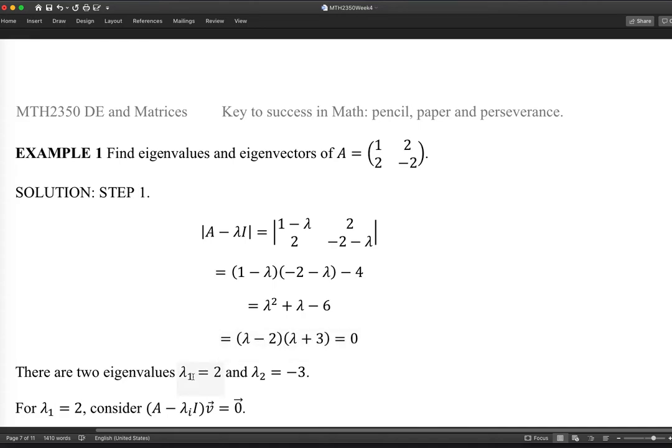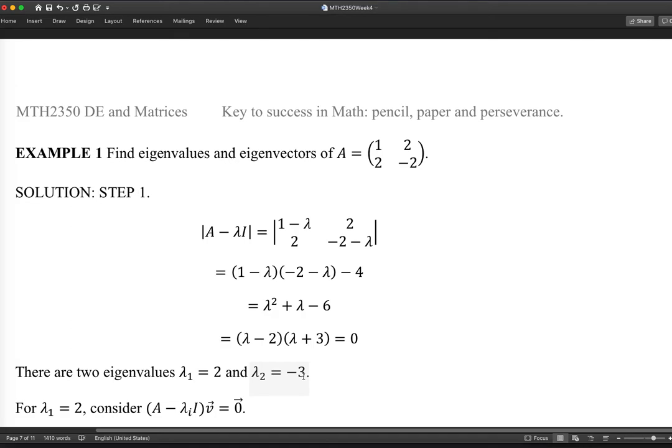So this is how I get 2 lambda values, 2 eigenvalues. It is also worth mentioning that, in general, for a 2 by 2 square matrix, there are 2 eigenvalues, and accordingly for 3 by 3, there are 3 eigenvalues. Again, you need to understand the characteristic equation. It is a polynomial.